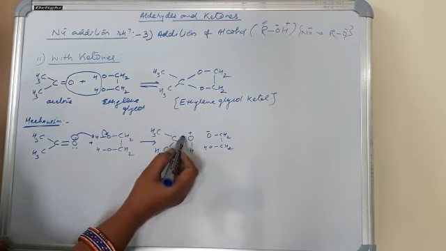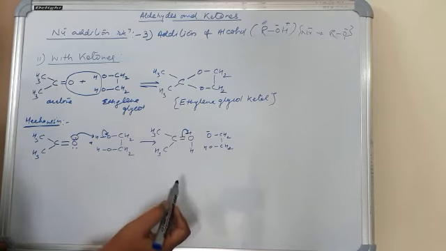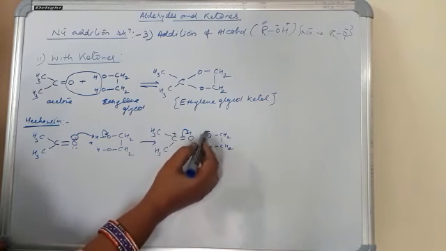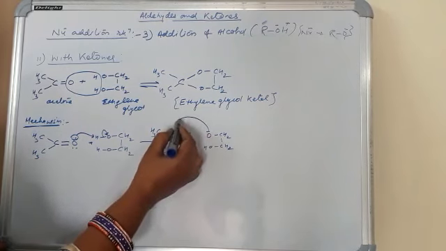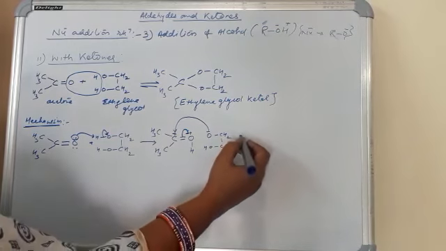So dispersing positive charge, pi electron shifts towards the oxygen and positive charge is created on the carbon. So this attacks on the positive charge.